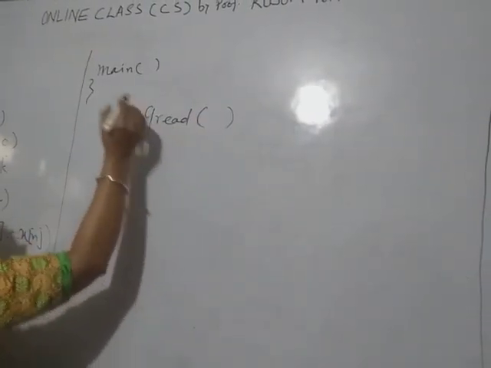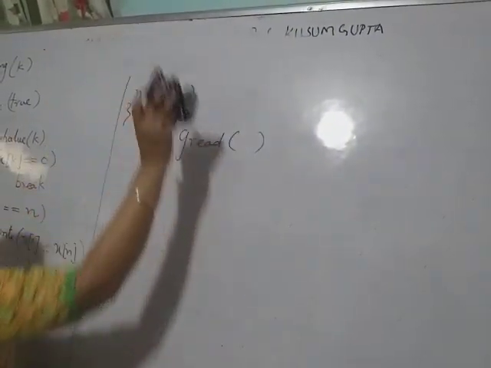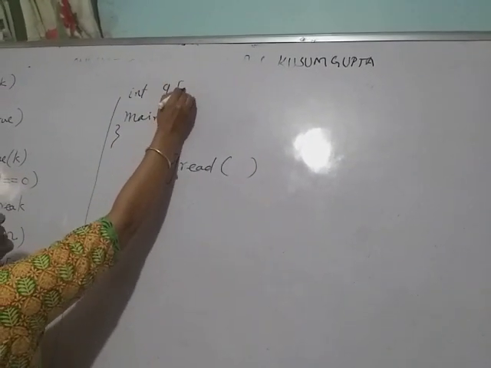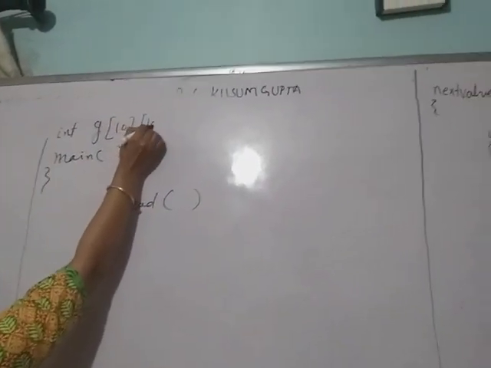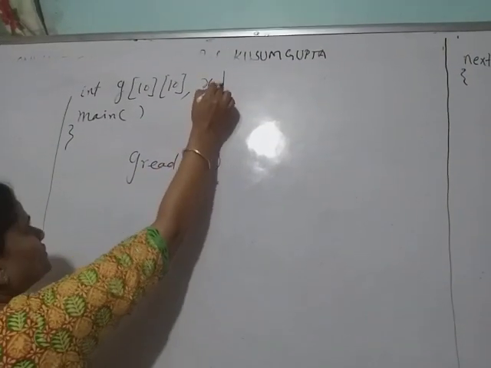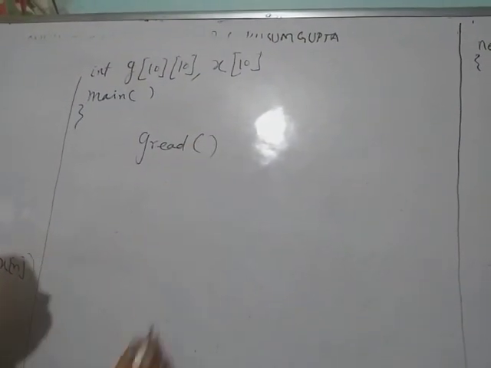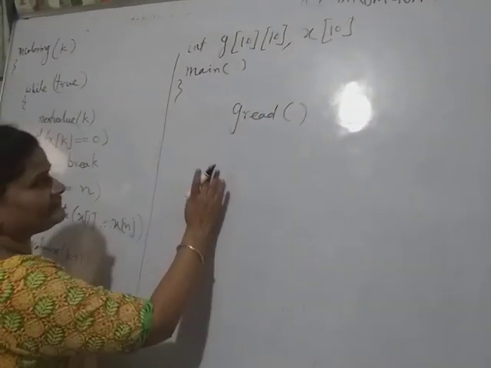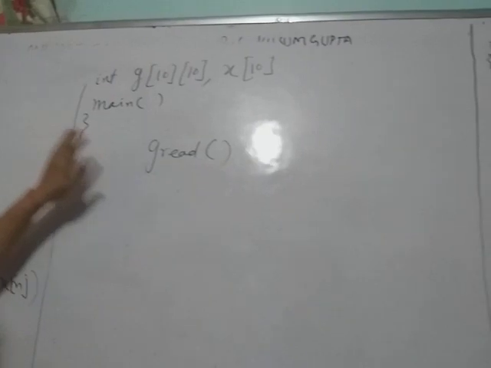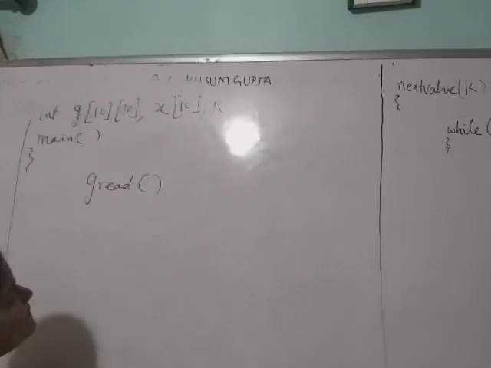Here the graph, int g[10][10], is declared globally, and the solution vector is also declared globally. Now the gread function is called to read the graph, and after reading, the graph will be stored in the adjacency matrix, and n is also declared globally, which is the number of vertices.